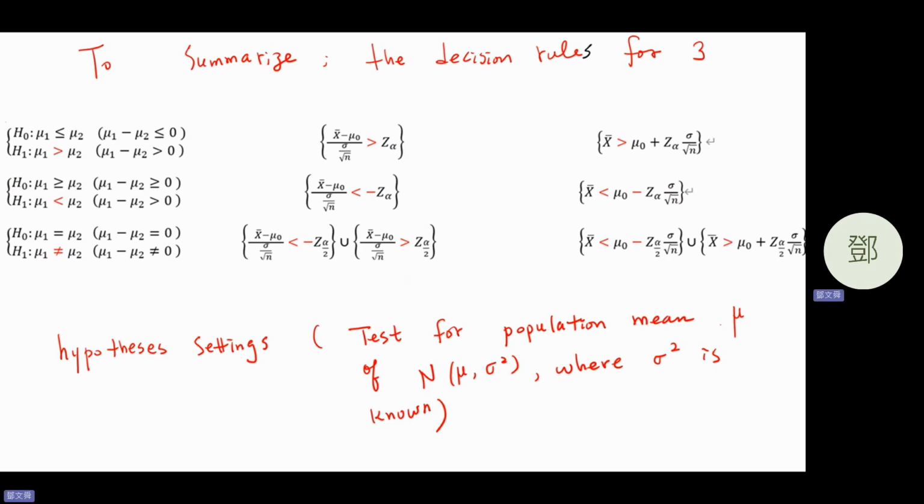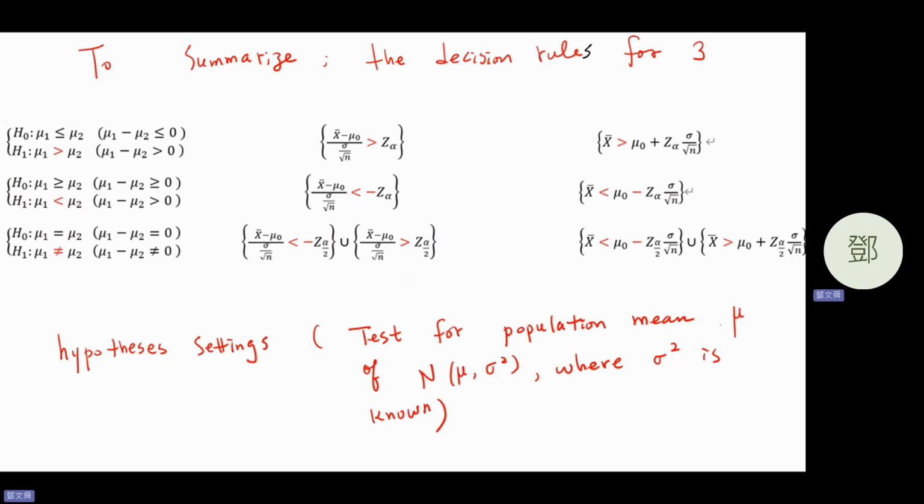The standardized form and the non-standardized form are exactly the same, and they lead to exactly the same decision, H1 or H0. That's the rejection region, or the critical region. This is the hypothesis setting.